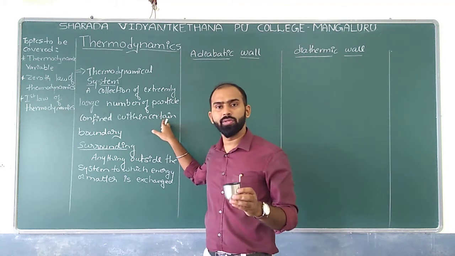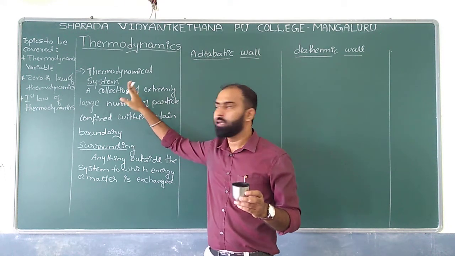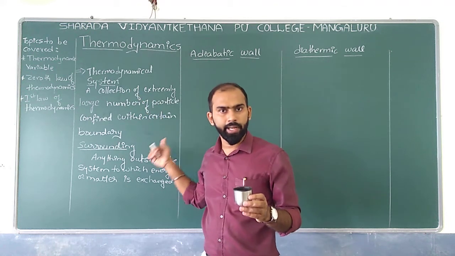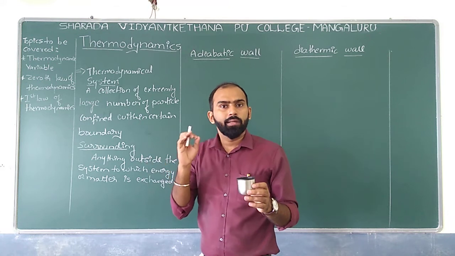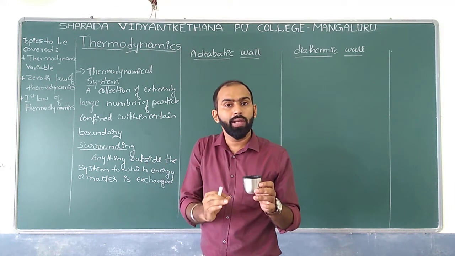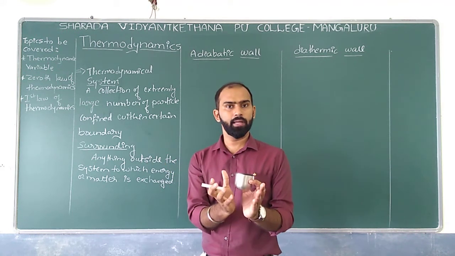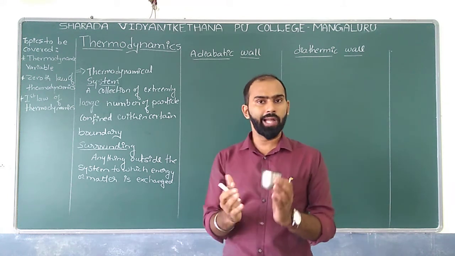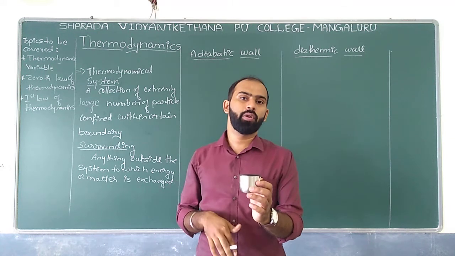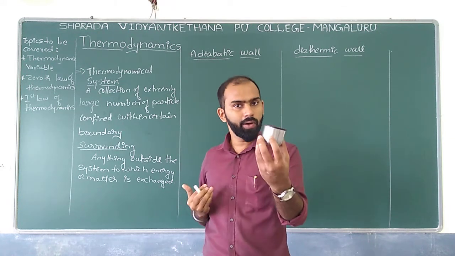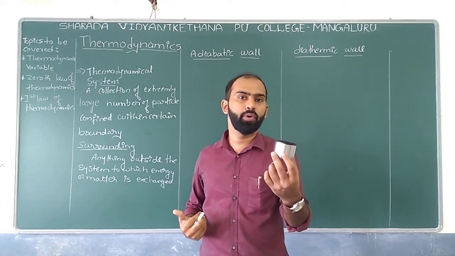According to our definition on the board, a thermodynamical system is a collection of extremely large number of particles confined within a certain boundary. What is the boundary for our example? That is the cup.